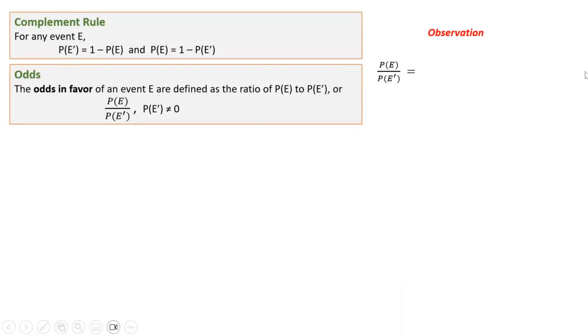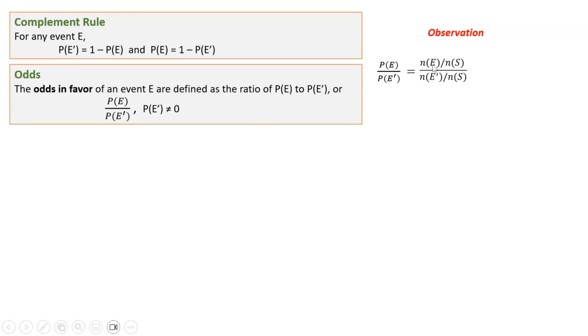Okay. So here we got P of E is equal to N of E over N of S, over the sample space. In a similar manner, the probability of the complement of E is equal to the number of the complement of E over the sample space.